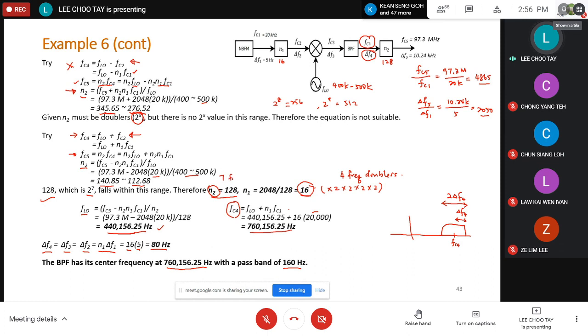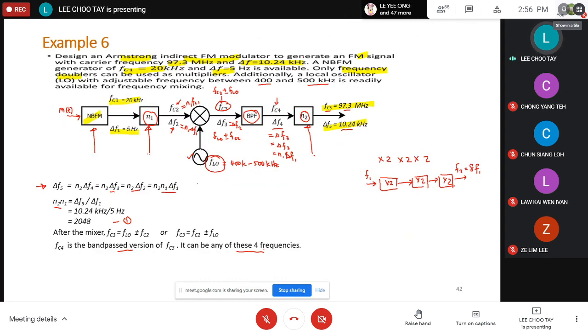Therefore, you use 7 frequency doublers, and you cascade them. That's why the question says only frequency doublers can be used. So the difficulty here is to find values for N1 and N2 that can satisfy this condition.